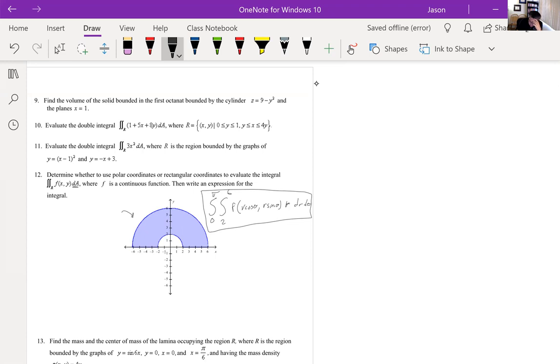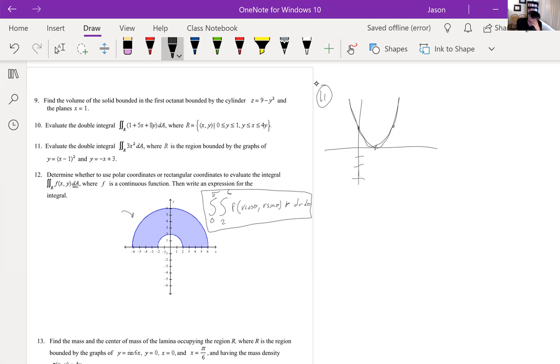Number 11. So bounded by these graphs, right? Okay, so what are these graphs? We've got to find out what our limits of integration are on this. One's a parabola that goes through these points here. And then we have this thing that goes through 1, 2, 3.